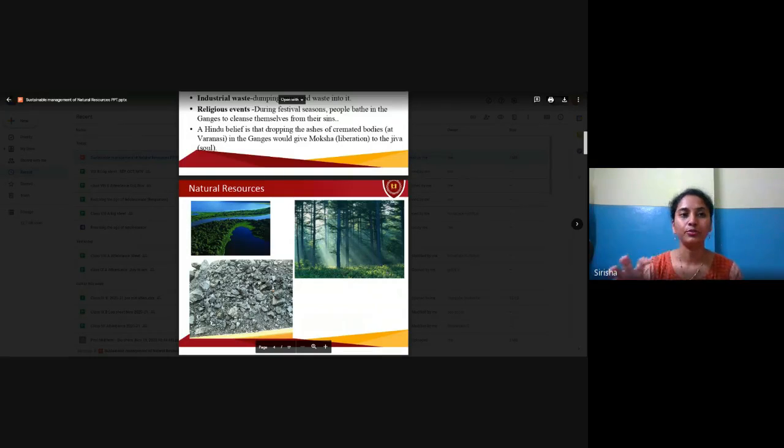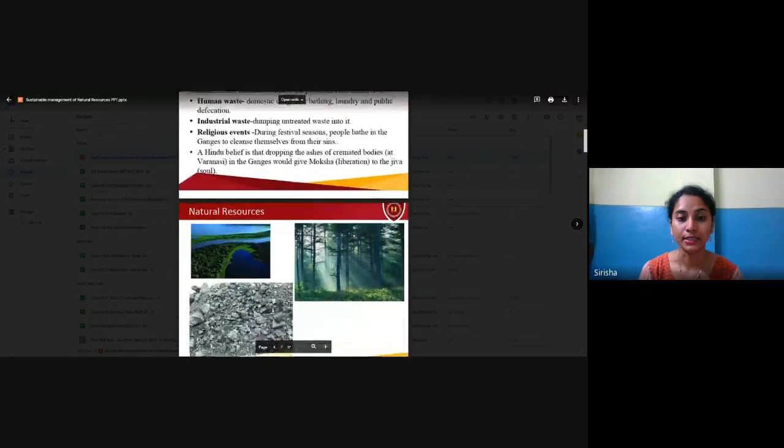If all of them do these types of rituals near the Ganges, what would be the future? What would be the pollution level in the Ganges? Just to think of, it is unimaginable, right? So that is why the Ganga Action Plan was launched by Rajiv Gandhi in the year 1986.